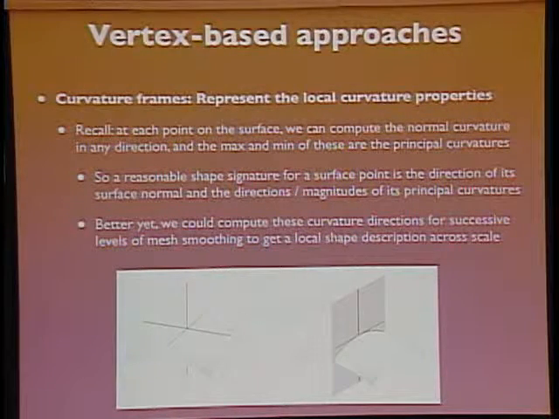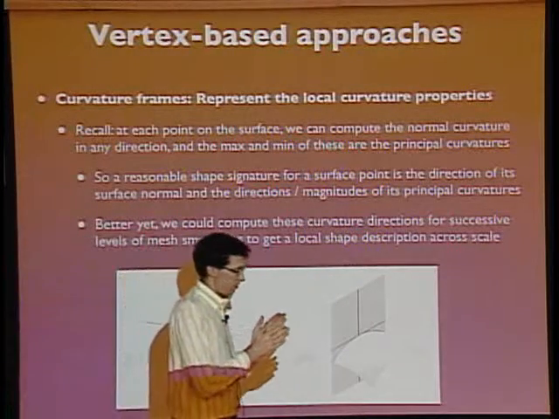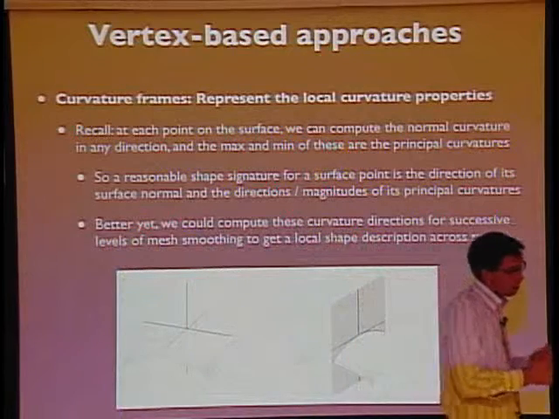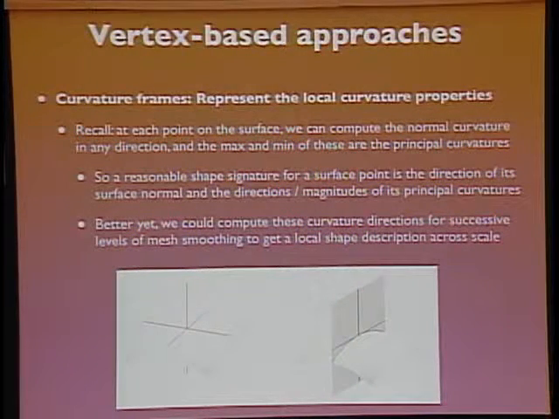So the directions of the maximum and minimum of these curvatures can be a representation of the direction you have to go to change the fastest in terms of shape, and the direction you'd have to go to change the least. Imagine you are sitting on a saddle on a horse.